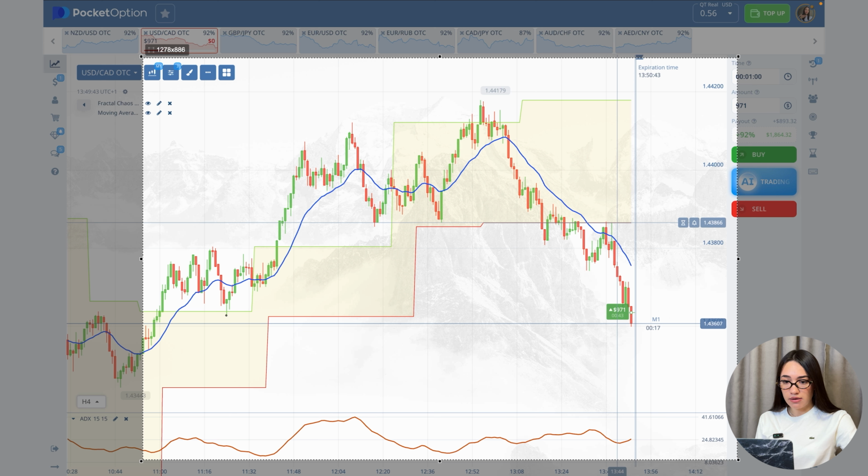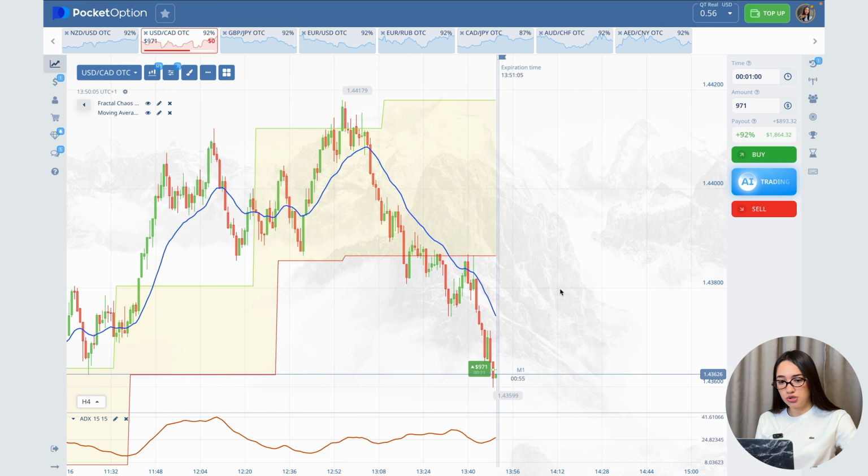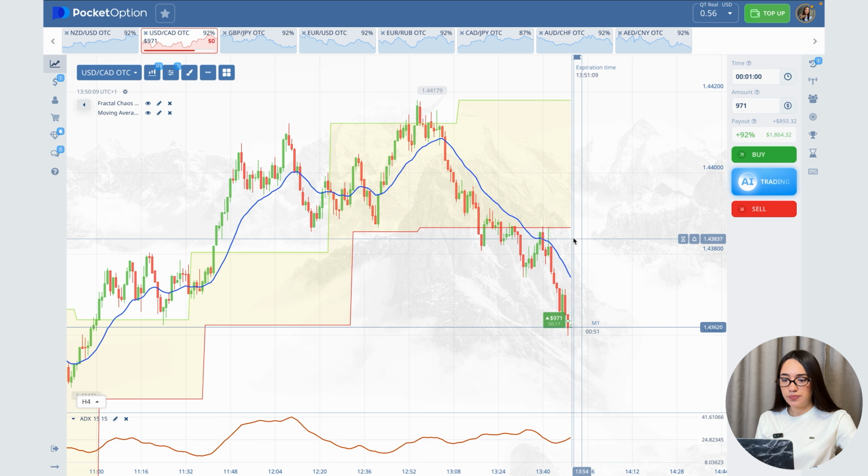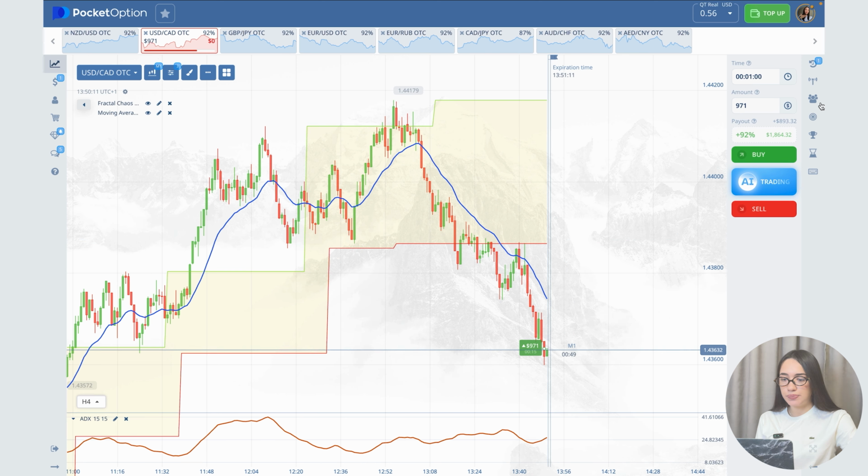The structural level here is interesting for me. And as we see, it has already been breached. But as I said earlier, in any case, the reaction must follow here, and the dynamics of movement should go higher, at least in the next minute. So let's see the result.